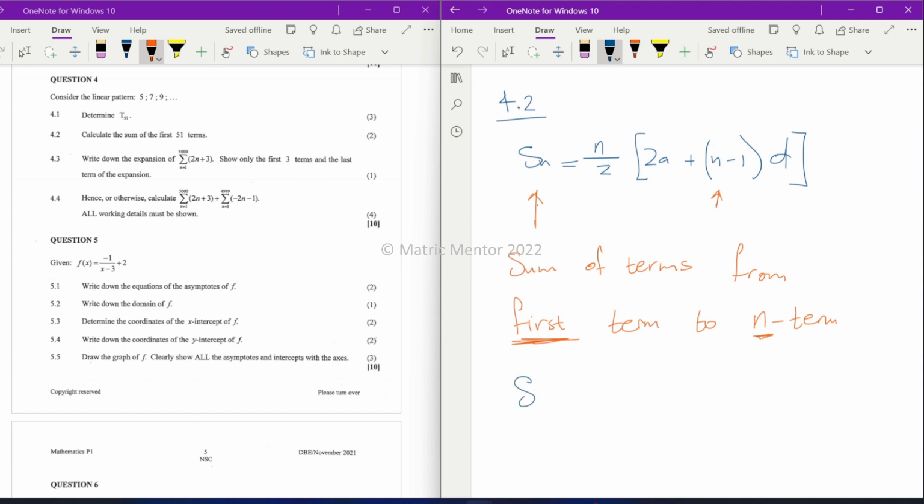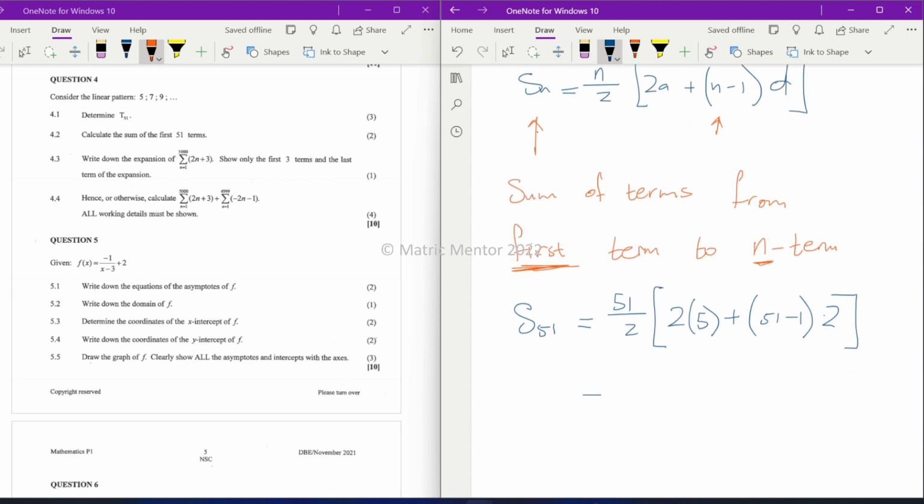So we can say S of 51 equals 51 over 2 times 2 times A, which is 5, plus 51 minus 1 times 2, which is our common difference D. Let's leave this as 51 over 2 for now. We don't want to get any decimals.